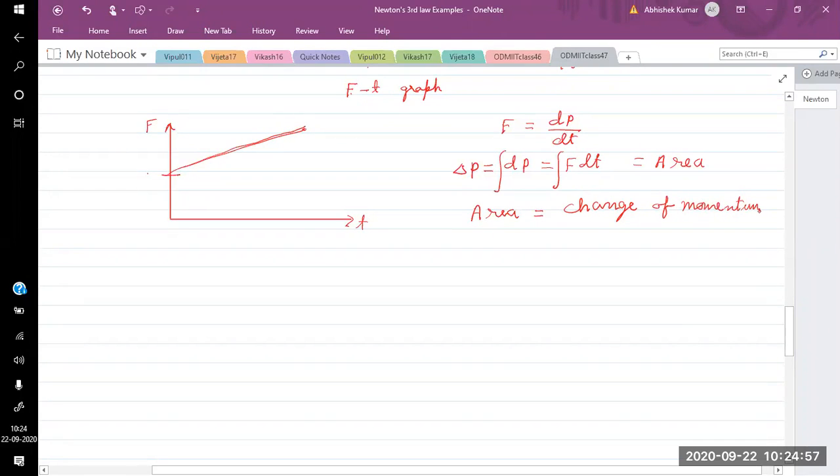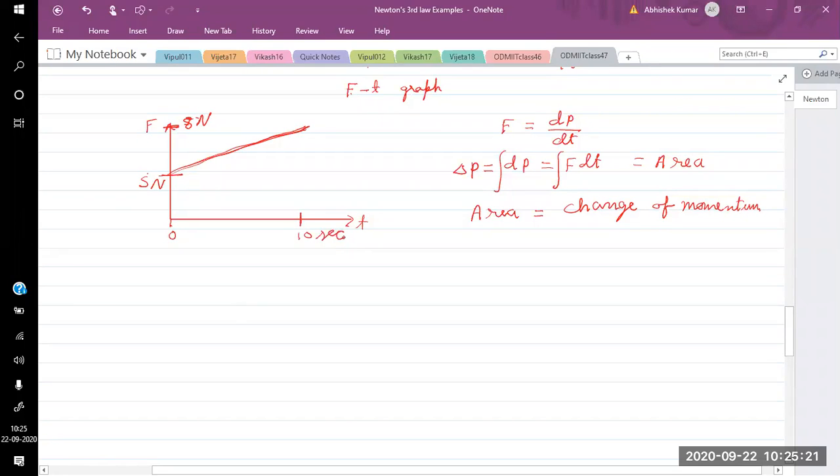So that can be used also. We will see an example. Suppose we have an FT graph given. This is 5 Newton, and this one is 8 Newton, and the time here is given: this is 0 second and this is 10 second.